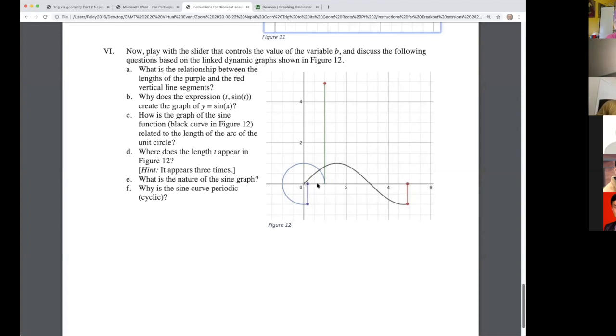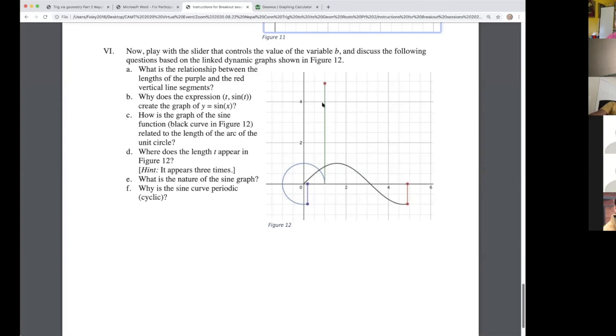The distance from the origin to this red dot is actually the arc length on the unit circle. That arc length is t or theta, and this green distance is also t or theta.